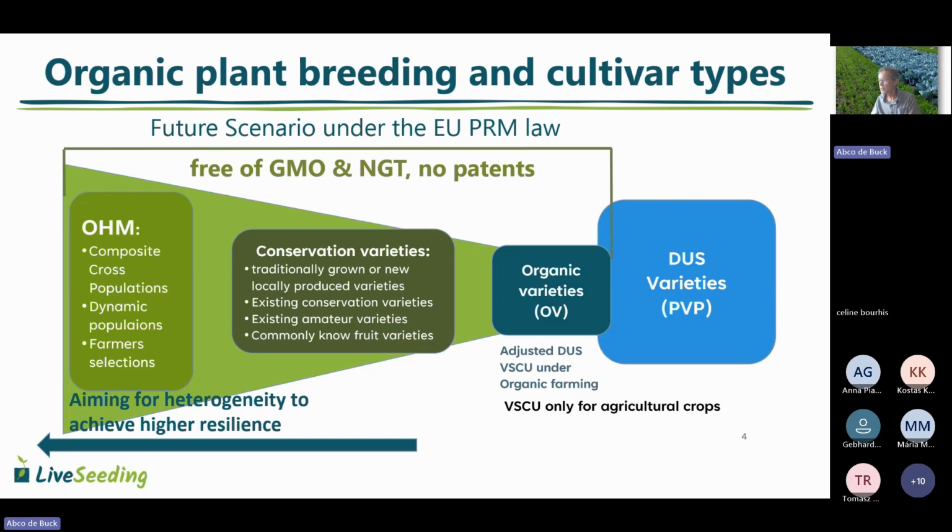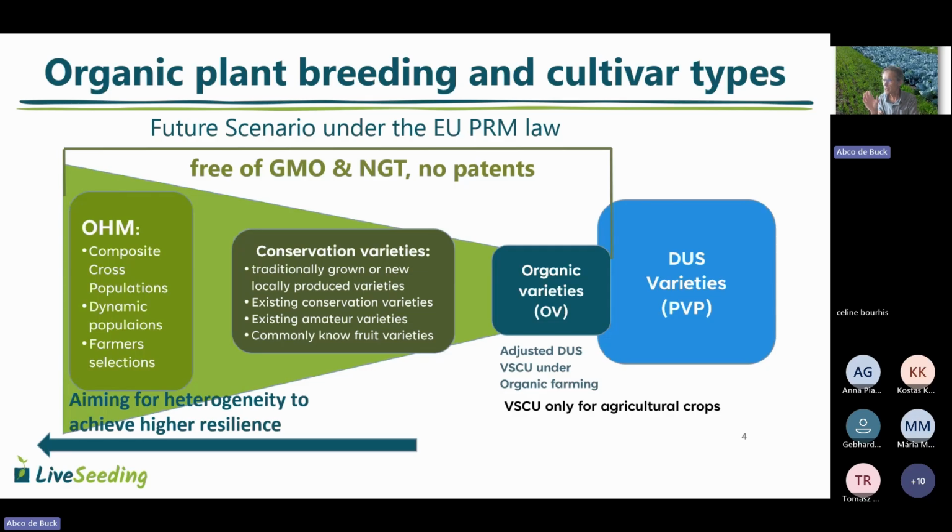On the right-hand side of the figure, we have the conventional varieties, for which the normal DUS is developed and applied for variety registration. One step to the left, we have the organic varieties, which are less uniform than conventional varieties, so they may not pass the traditional DUS test, and for these varieties an adjusted DUS system has been developed.